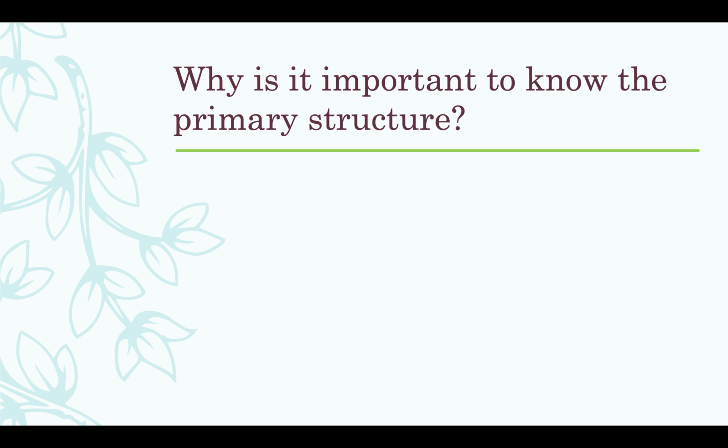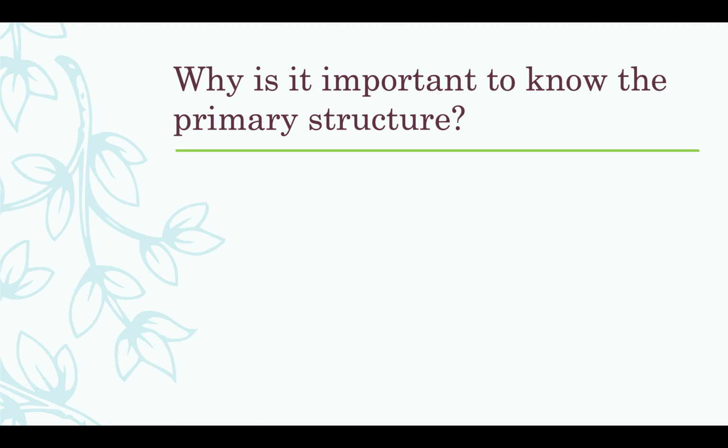So we've been talking about the primary structure of your protein since earlier. So what is its importance nga ba? Remember, we mentioned that the primary structure or the amino acid sequence would determine the three-dimensional structure of your proteins and consequently its properties.